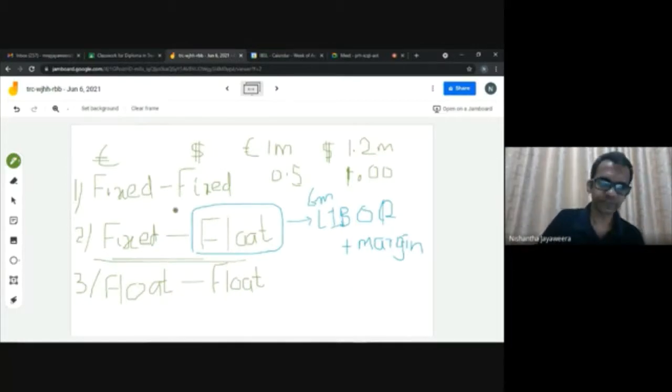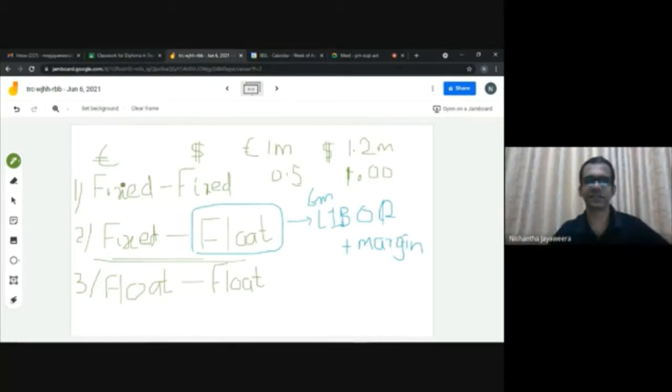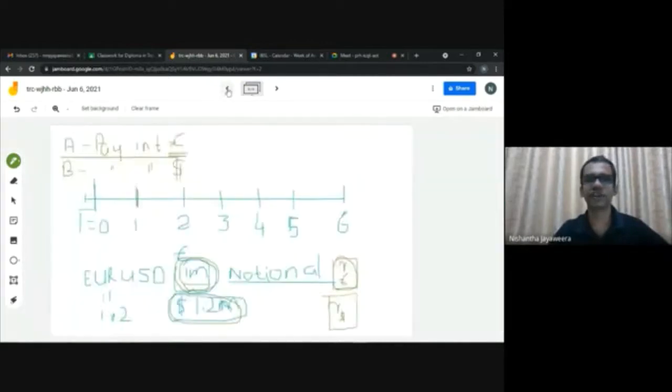Remember, in cross-currency swaps, we don't net the payments.